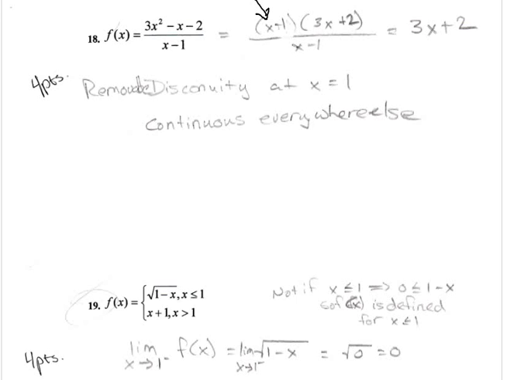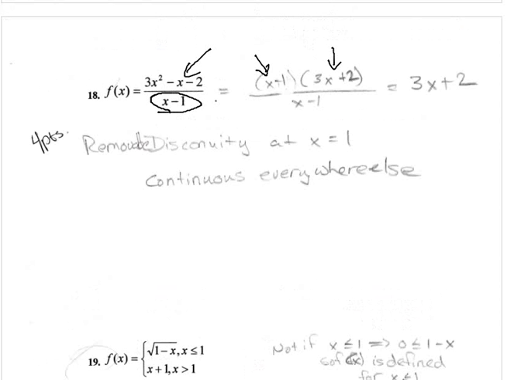One of the other things that you could do is, hey, I know that one of the factors is probably going to be x minus 1, so you could put that in and see whether you can figure out what the other factor would be to get 3x squared minus x minus 2. Otherwise, if you couldn't do that, then it's not going to cancel anyway, and it doesn't really matter, right? But you can, and it factors into x minus 1 times the quantity 3x plus 2.